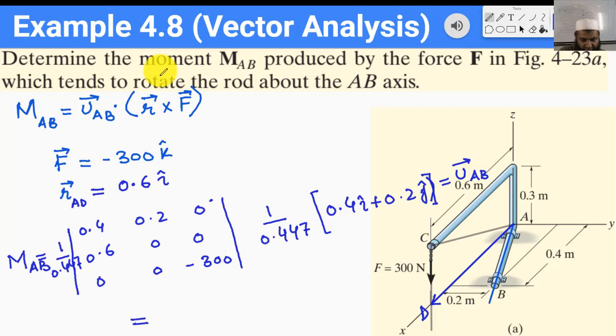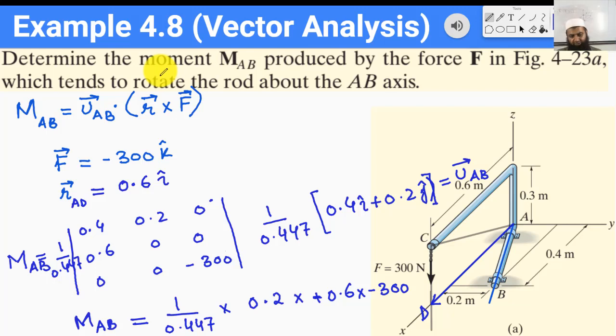And it is just trivial math from here on, which is 0.447 times this determinant, and the only non-zero term is going to be 0.2 times, plus 0.6 times minus 300.